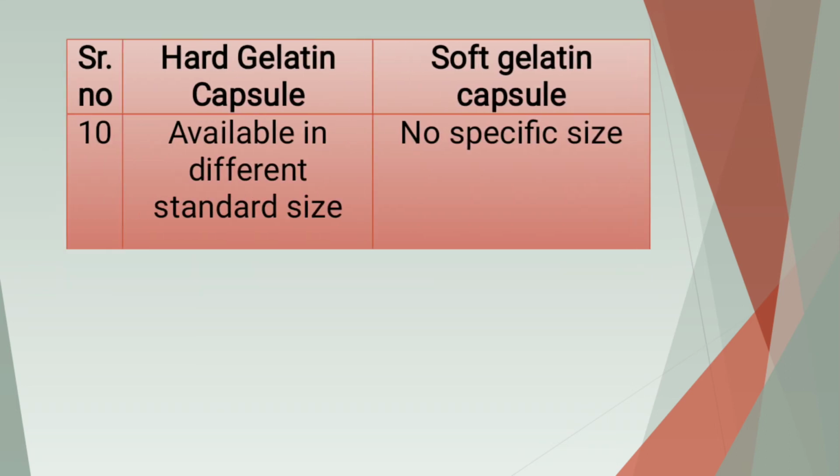Then the next difference, hard gelatin capsules are available in different standard sizes, from 000 to 5, whereas for soft gelatin capsule there are no specific size specifications or standards.